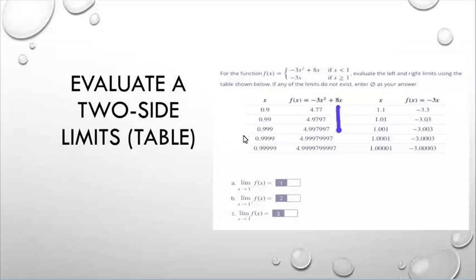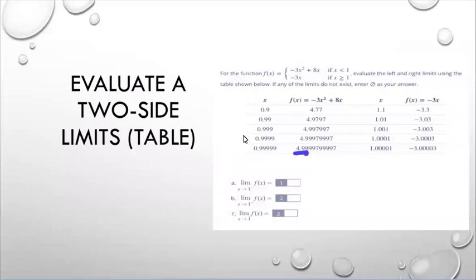Observe this pattern. We start at 4.77 and then we move all the way to 4.99997999.